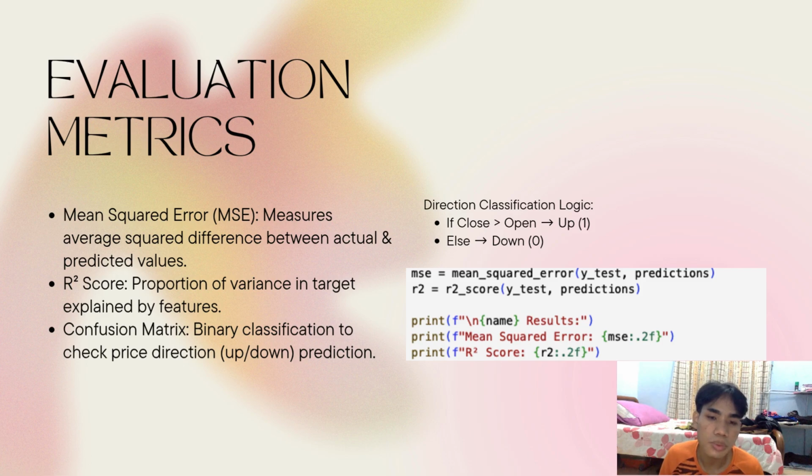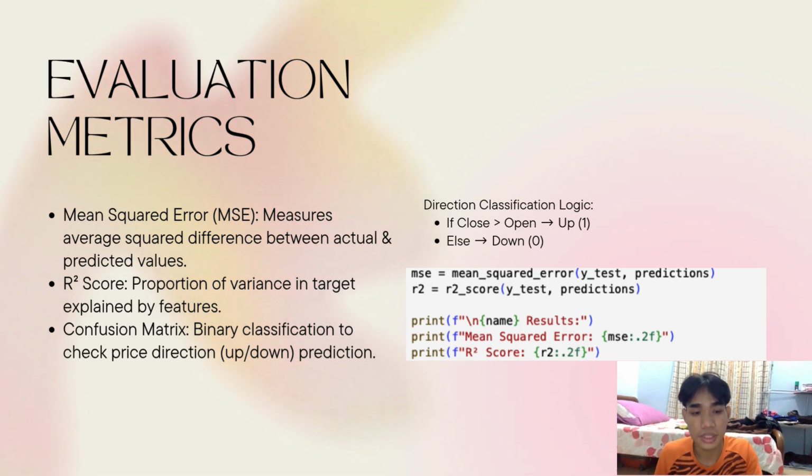R2 score is the proportion of variance in the target that is explained, so the closer to one, the better. The confusion matrix shows the up and down prediction. As you can see, the direction classification logic is: if close is above open, it is up, one; otherwise it is down, zero.